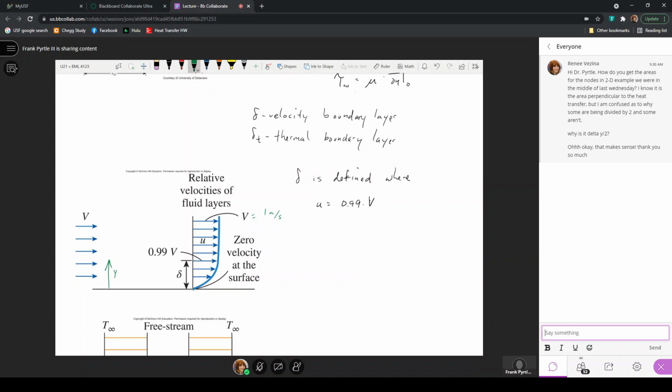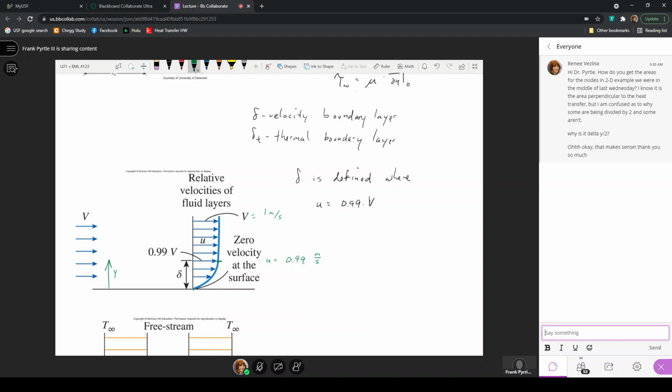As I move upward in the positive y direction, the velocity will increase according to this line here. Once it gets to this point, which is delta, u would be equal to 0.99 meters per second. That is where we define the velocity boundary layer to exist in the fluid.